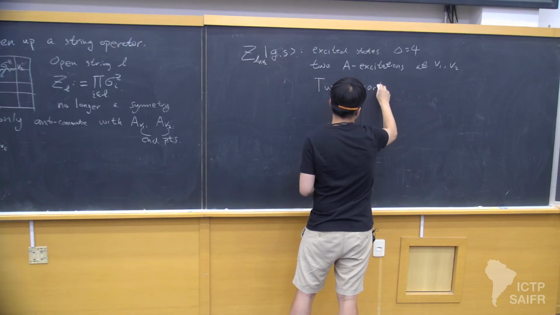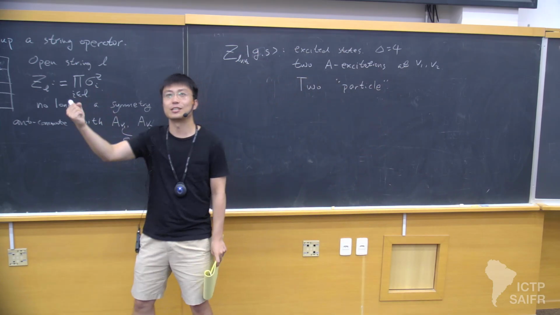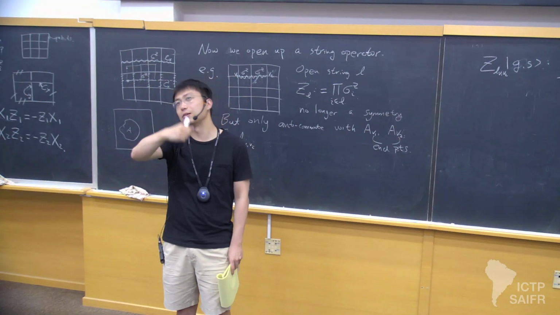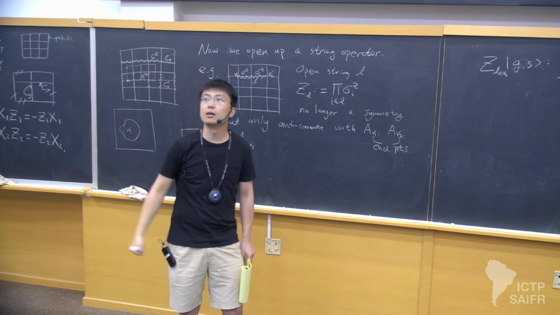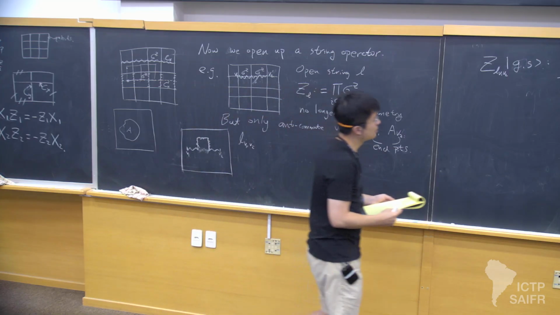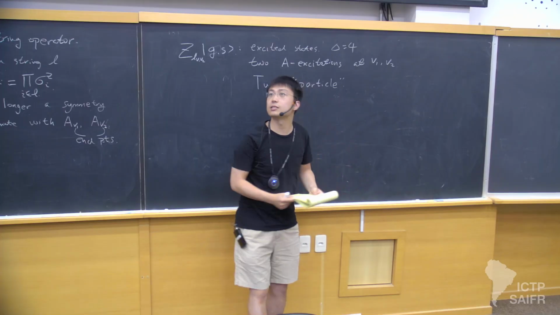By particle, I mean a point-like excitation, because only a single A_V term localized around a point V is excited. So let me just call it the A type of particle.